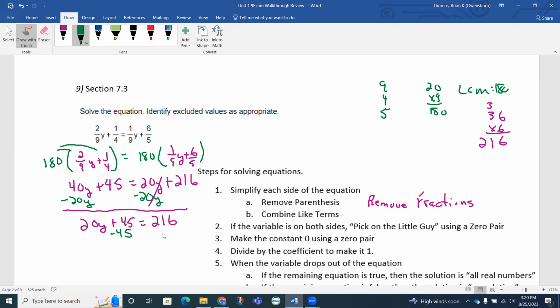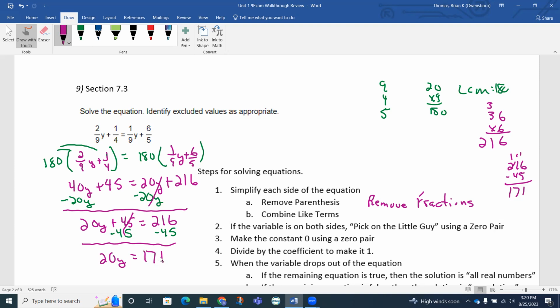So I put a negative 45 there and a negative 45 over here. A positive 45 and a negative 45 zero out. So I have 20y, and 216 take away 45 is 171.